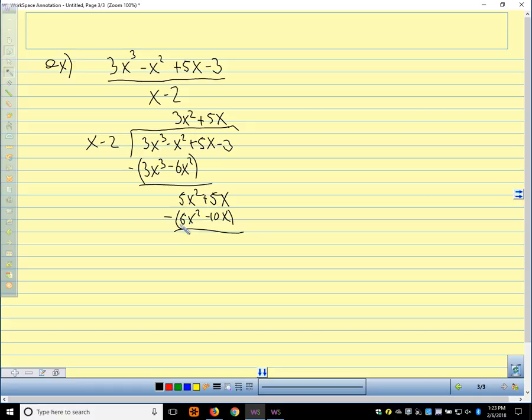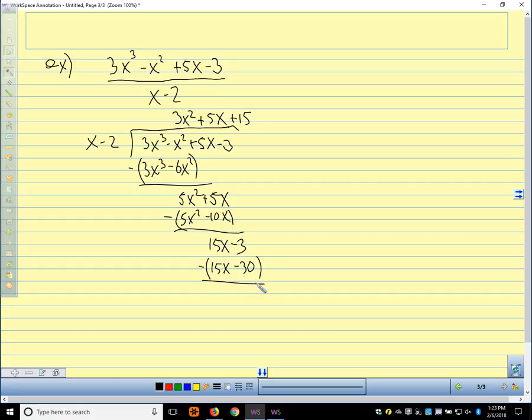Subtract. These go away. I get 5x squared minus negative 10. Wait, is this 5? Is this what I did? Yeah, okay. So that's going to be 15x minus 3. And what do I multiply x by to get 15x? Plus 15. 15x minus 30.